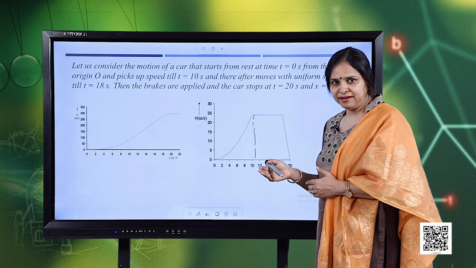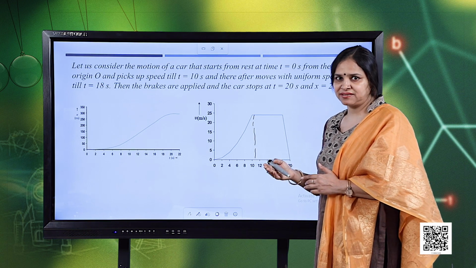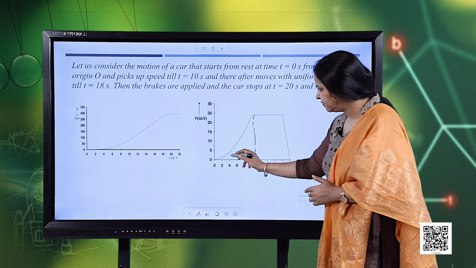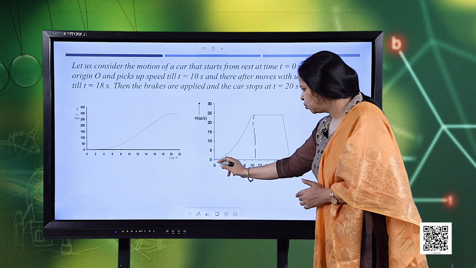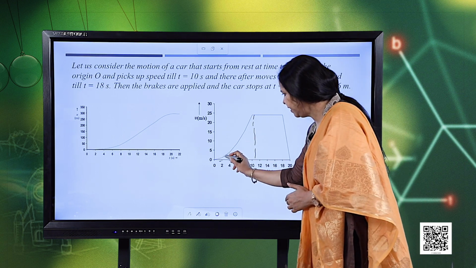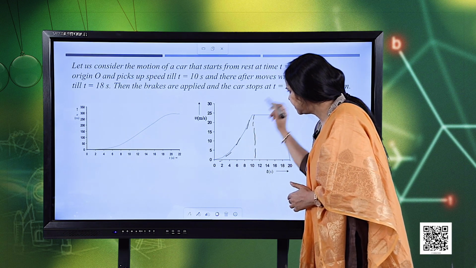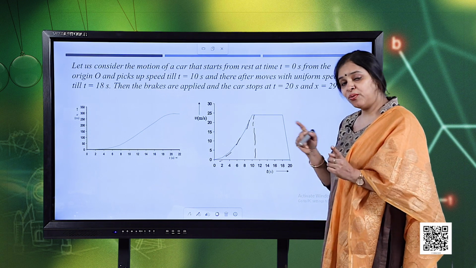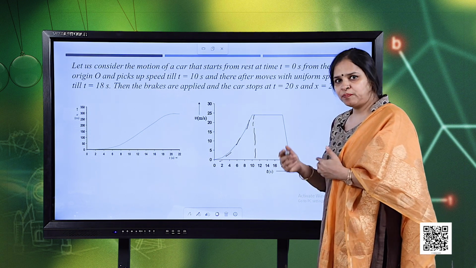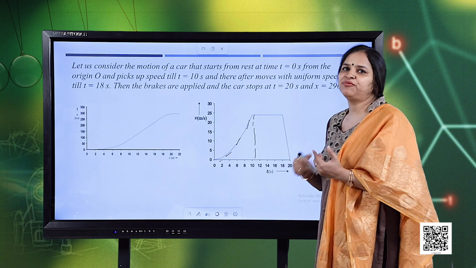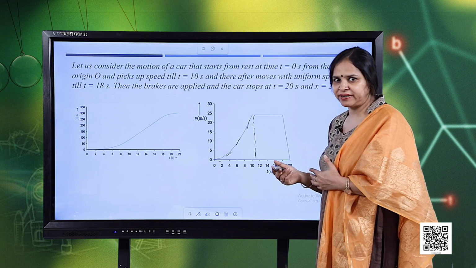Velocity is increasing, but acceleration is not constant, it is variable, because as we move towards 10 seconds, at every instant we can see that the slope is getting steeper and steeper. The steeper slope indicates that the speed is increasing at a faster rate.